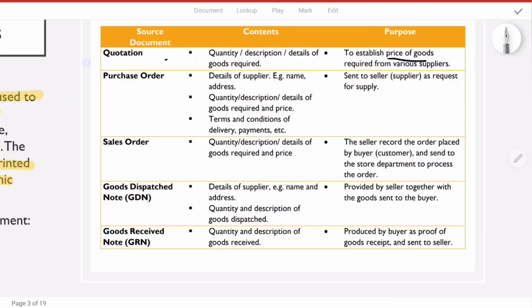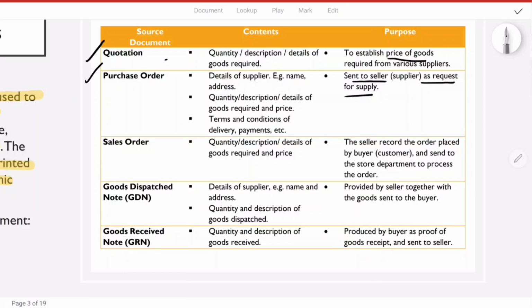First you get the quotation, and after you agree on which supplier you want to purchase from, the business is going to prepare a purchase order. This purchase order will be sent to the seller as a request for supply.